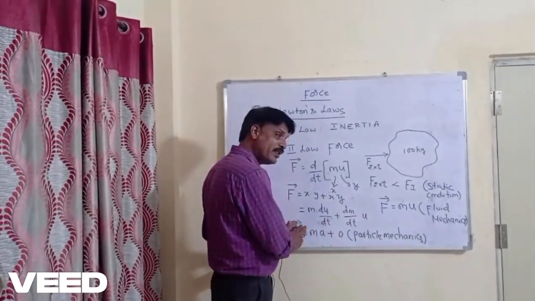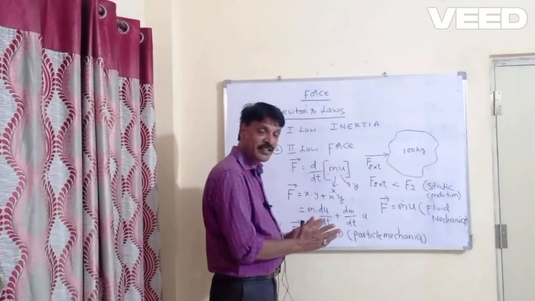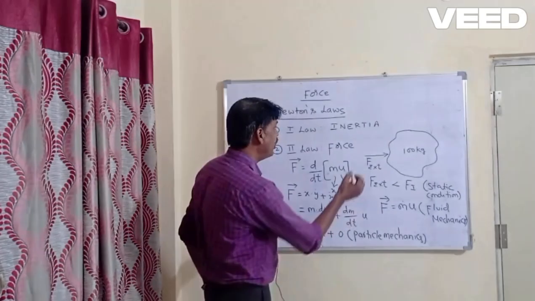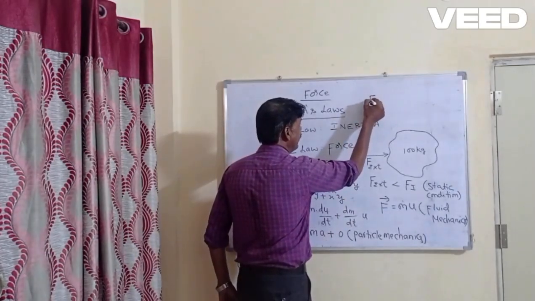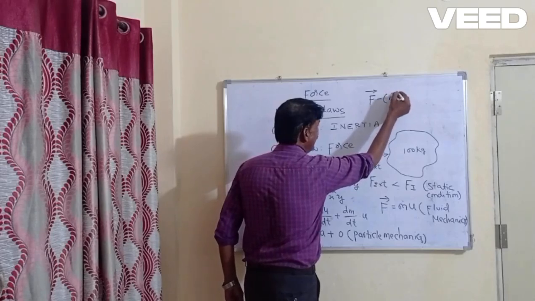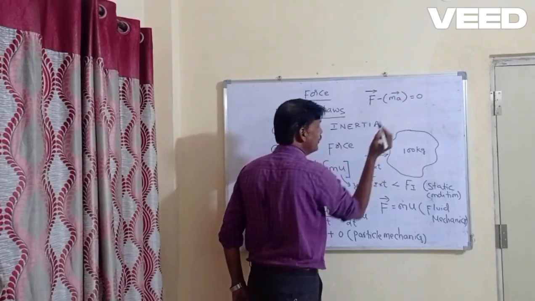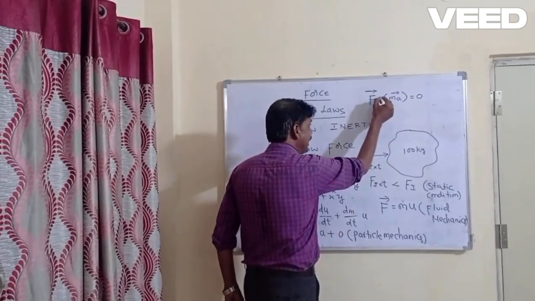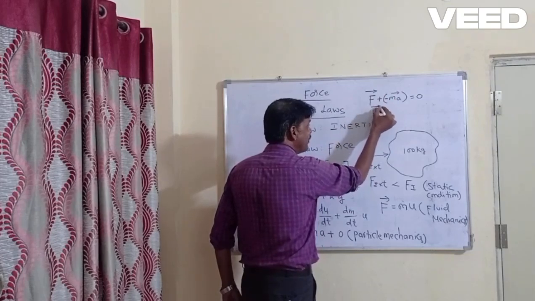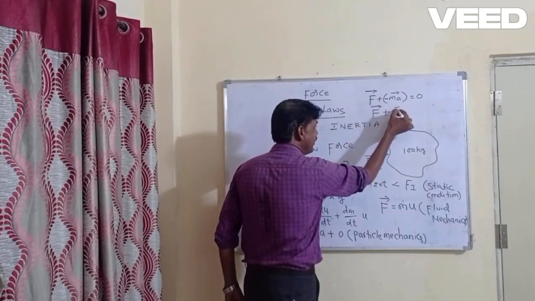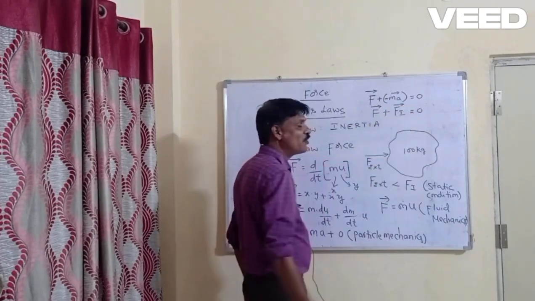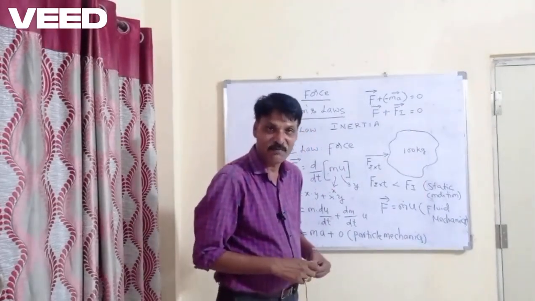When the force and the product of mass into acceleration are equated as vectors, it is a static condition, or you will write that force vector minus m into a vector is equal to 0. Or in other words, I'll keep this as plus and keep a minus sign: I'll write the sum of the force vector plus that inertial force vector, and it is always seen to be static.